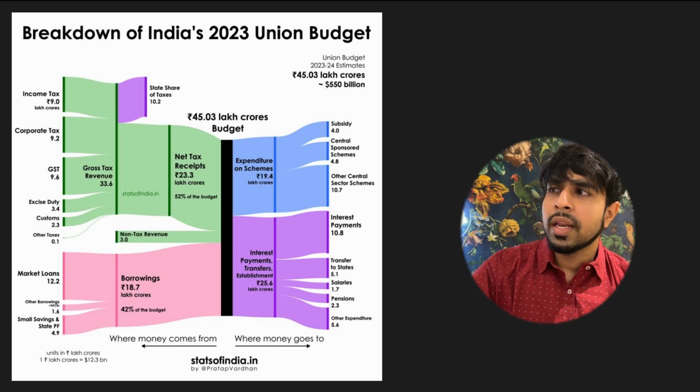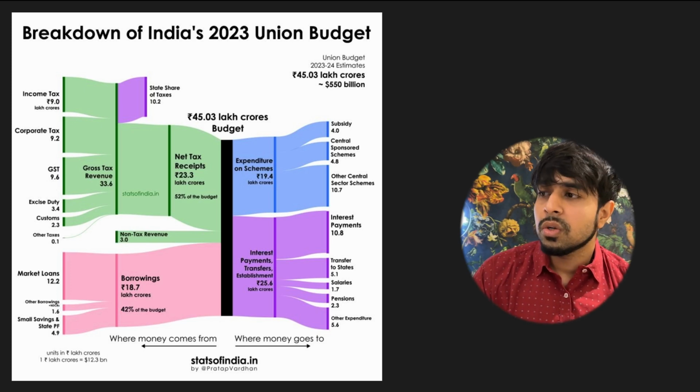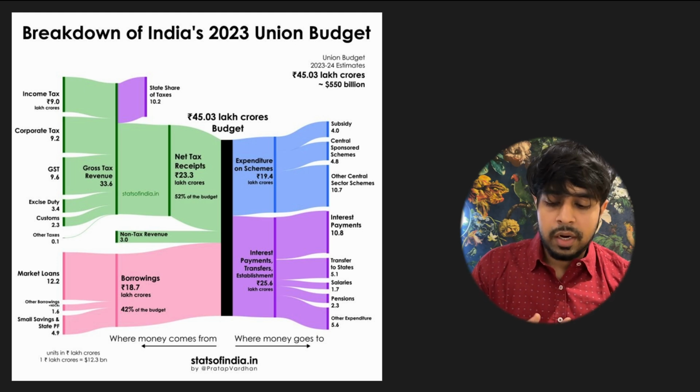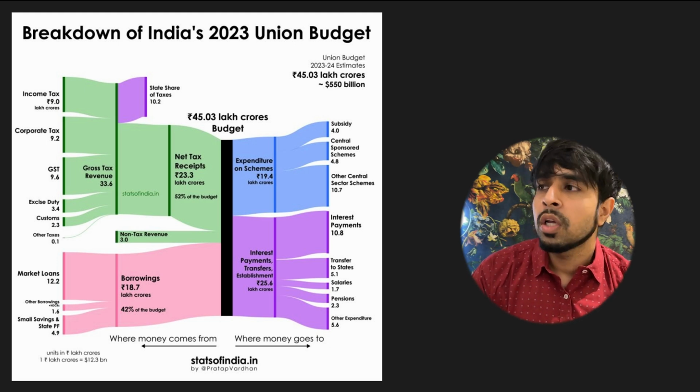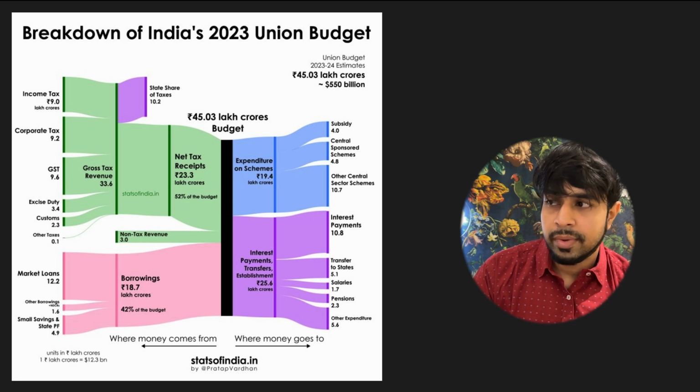There's also another visualization called the Sankey flow. So here we describe how does one flow transform into another kind of flow, right? Here we see Stats of India visualize the Indian Union budget of 2023.